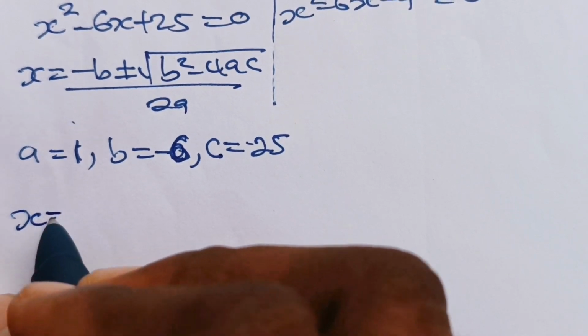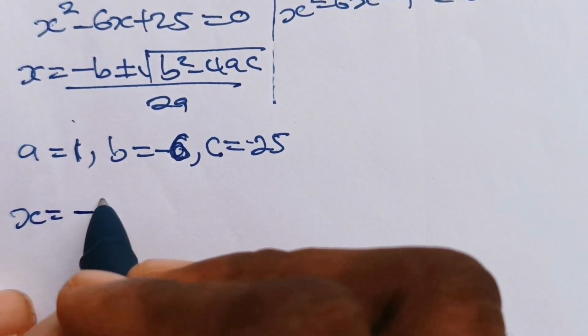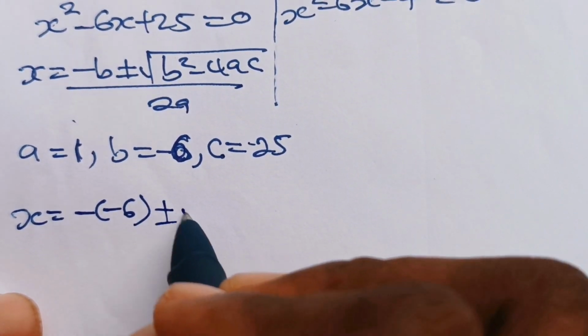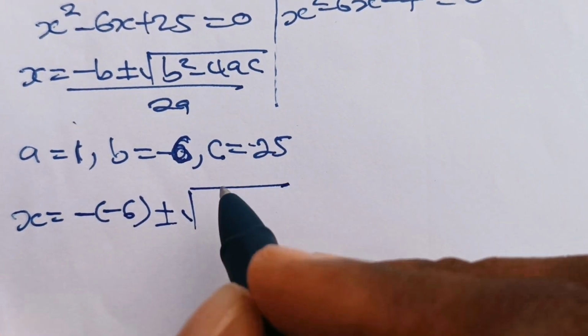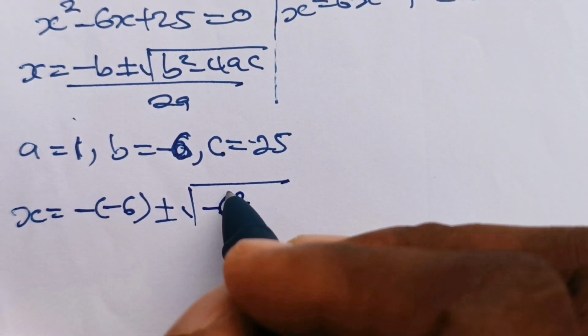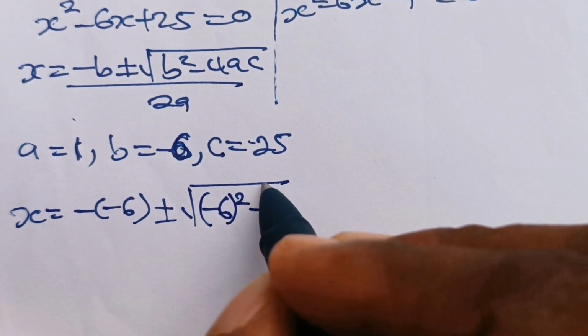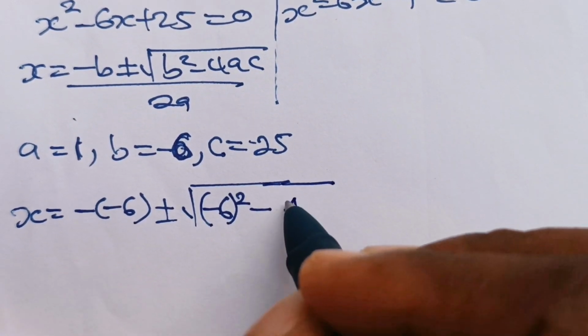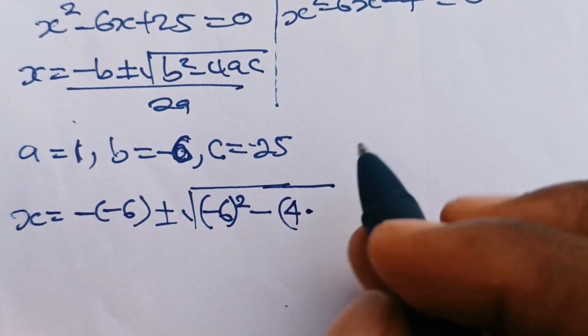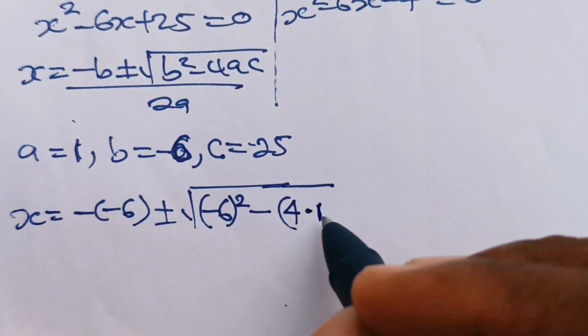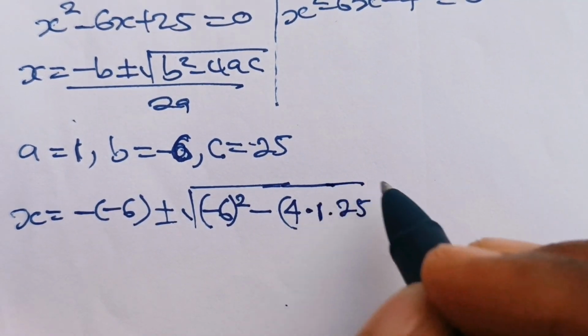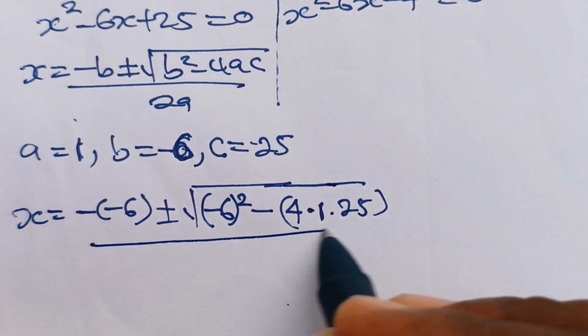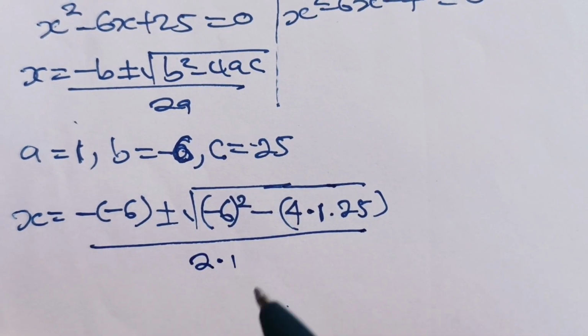So we have that x is equal to minus minus 6 plus or minus the square root of b squared, that is minus 6 squared, minus 4ac, that is 4 multiplied by our a, which is 1, and our c, which is 25, right? Okay, everything divided by 2 multiplied by 1.